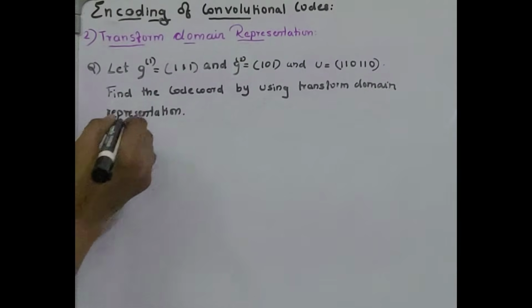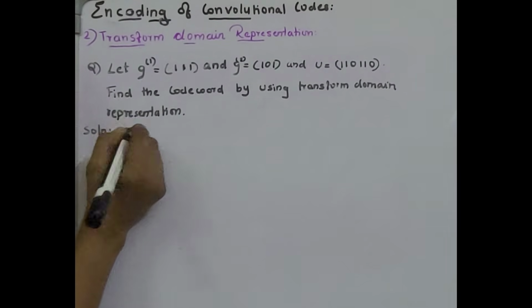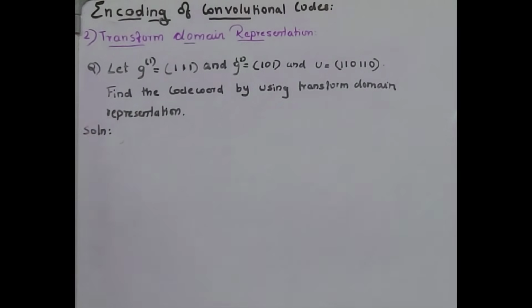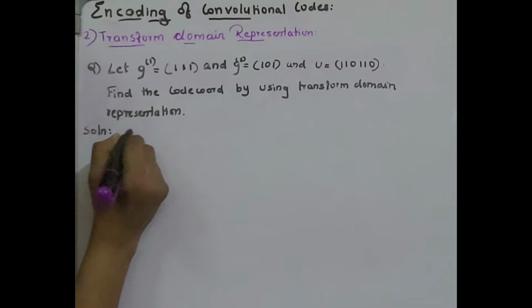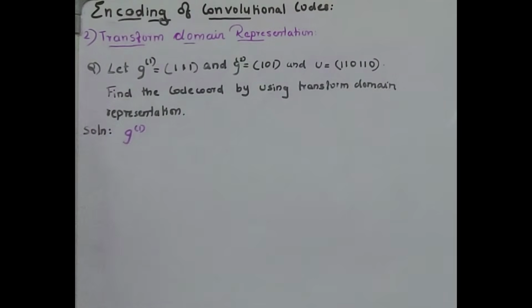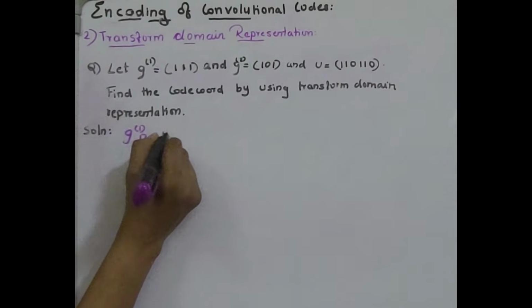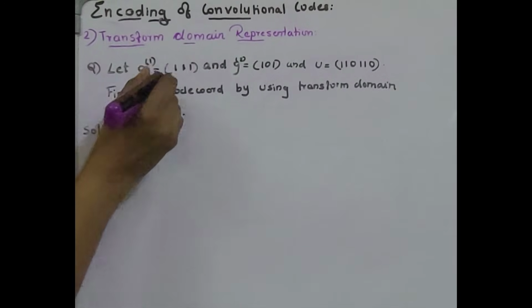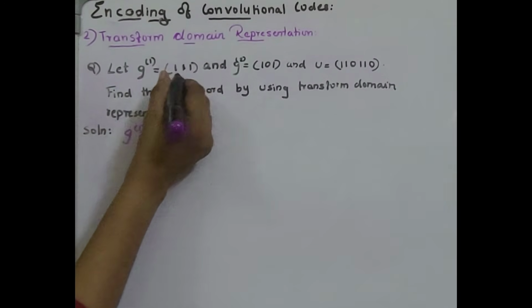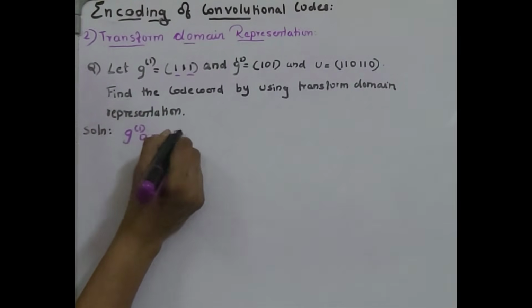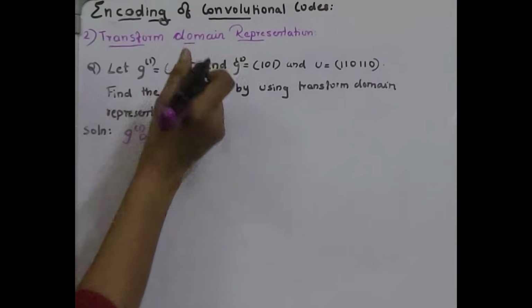Converting the G1 sequence to a polynomial, G1 is equal to 111. So the first one is the constant 1, plus the second one 1 into D, that is D, plus the third one 1 into D square.